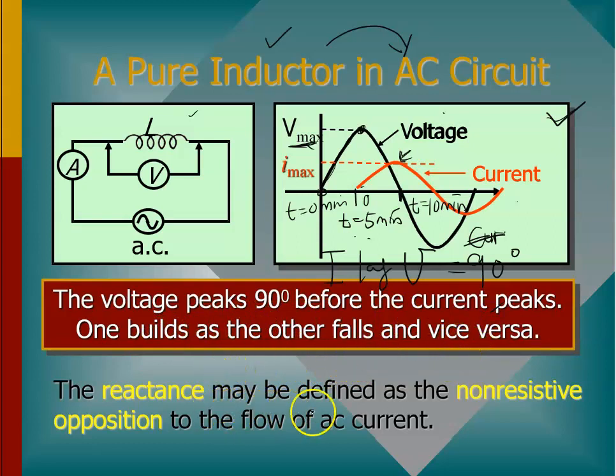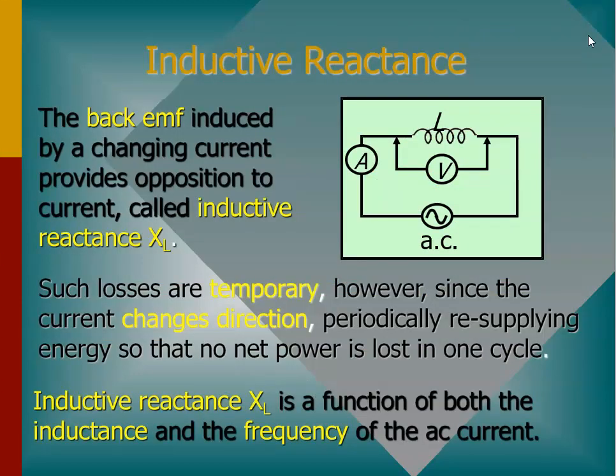So reactance may be defined as the non-resistive opposition to the flow of AC current. Hence, the value of resistance over here will not be similar to the resistance in your Ohm's law anymore. Now we continue with the inductive reactance.